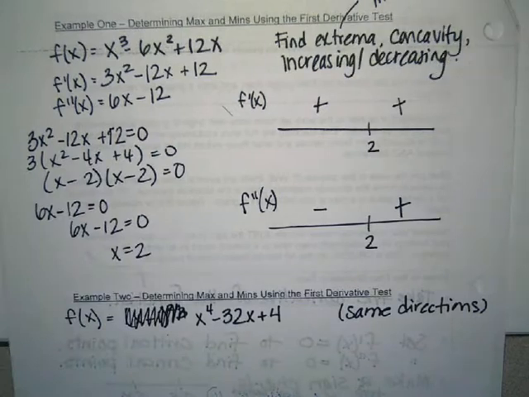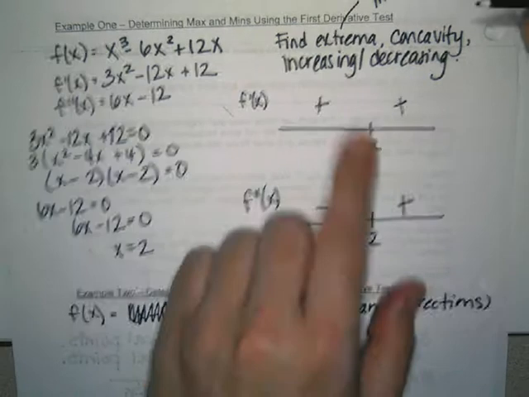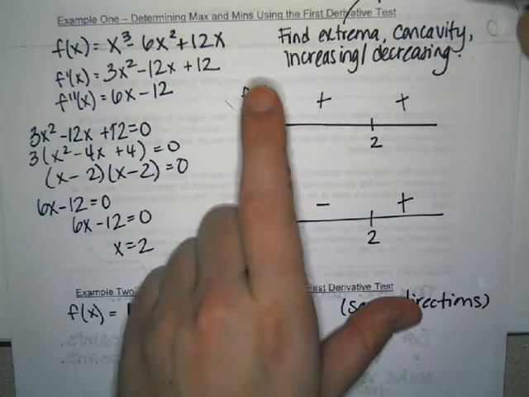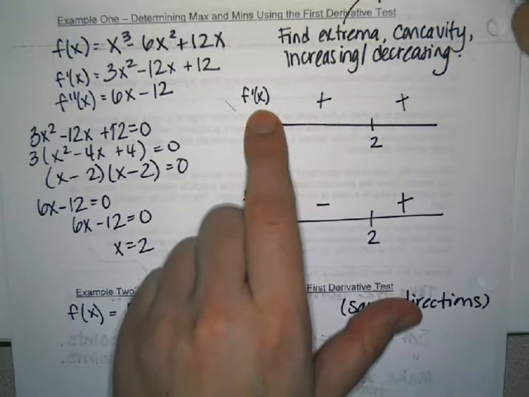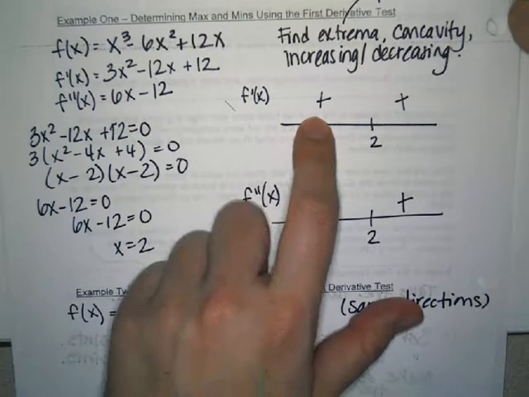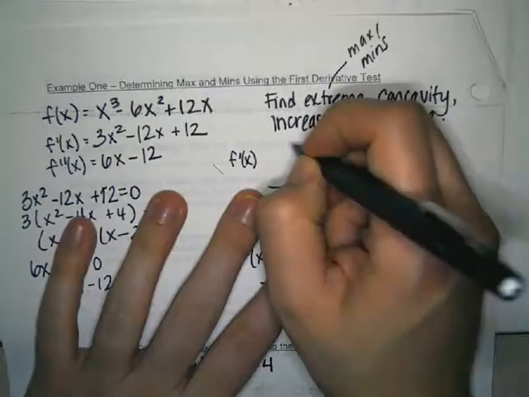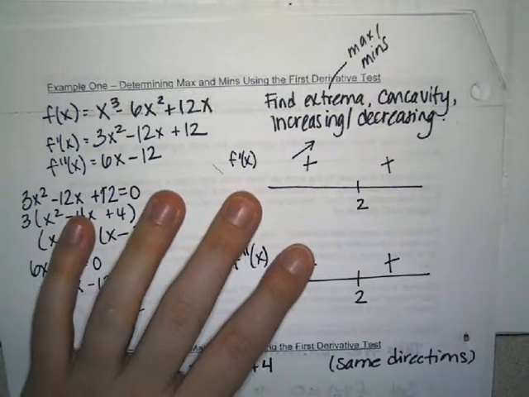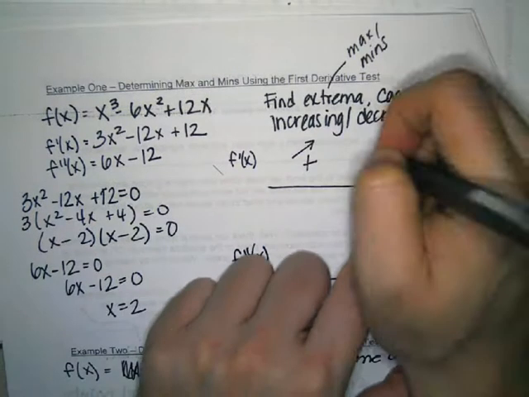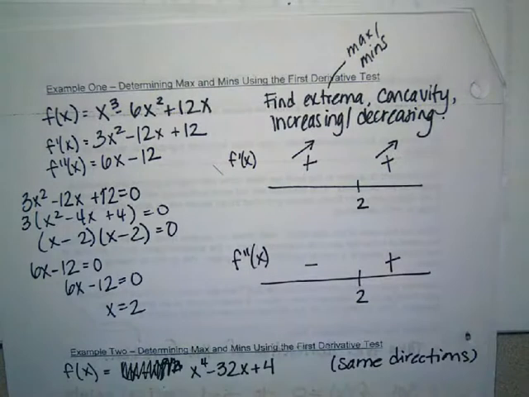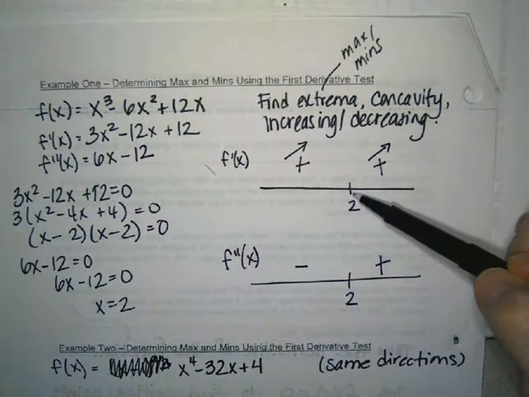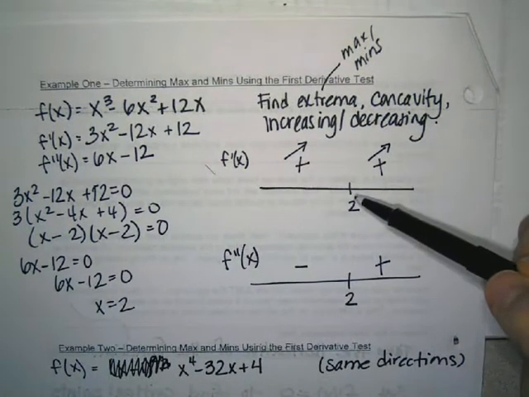Now, let's talk about what this means. In my derivative, when my derivative is positive, that means my original function is increasing. So to show that, I'm going to draw an up arrow. And since we're both positive here, I'm going to have 2 up arrows. Now, this is either going to be a max, a min, or a plateau point.